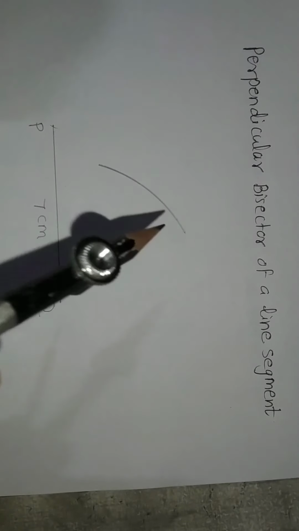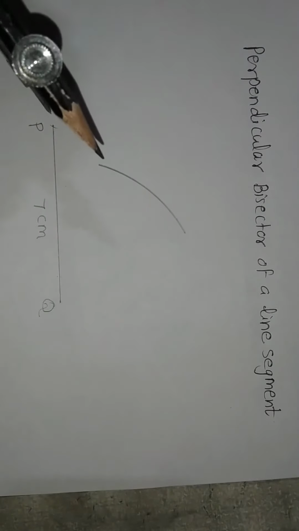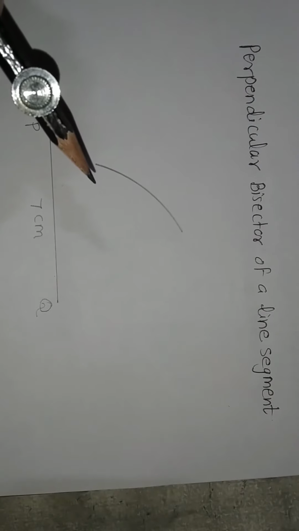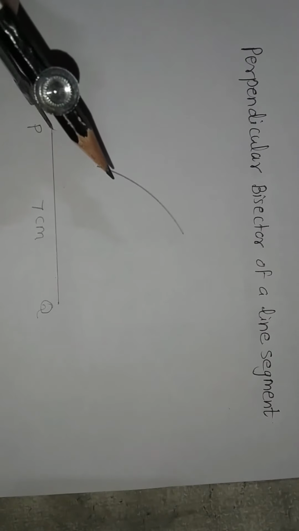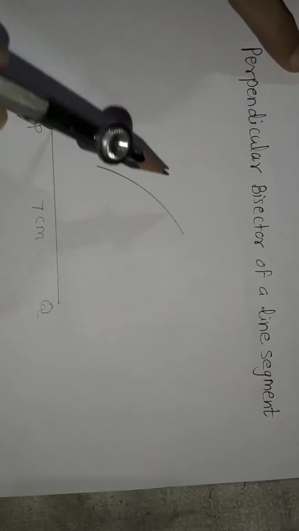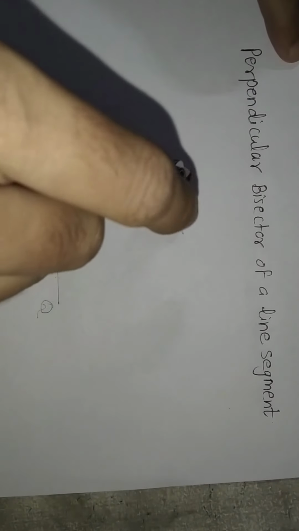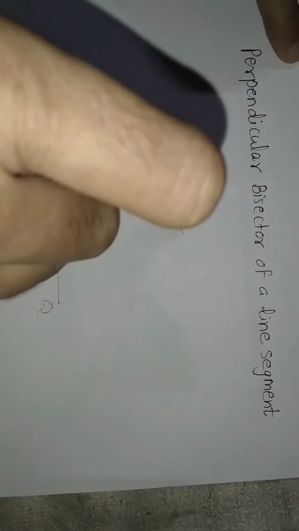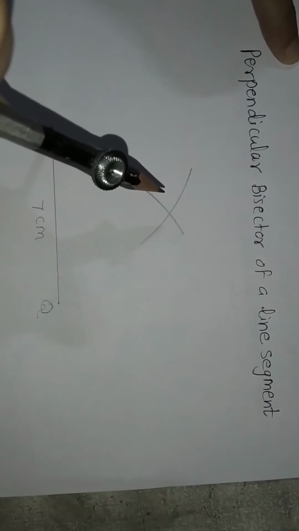Now, without changing the distance, keep the same distance in your compass and put your compass point on point P and draw arc which will intersect the previous arc.